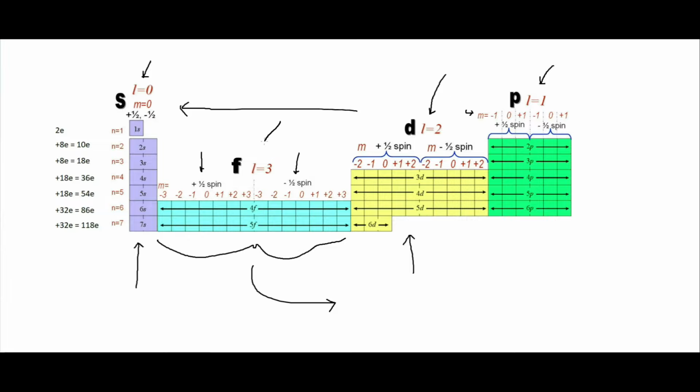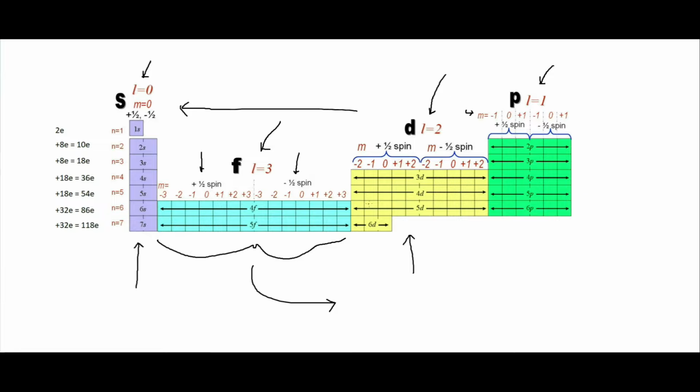And then we have L equals 3, and then M can range between -3 and +3. And we see that these quantum numbers that fall out of the equations that we've been working with, this is actually how the periodic table is built.